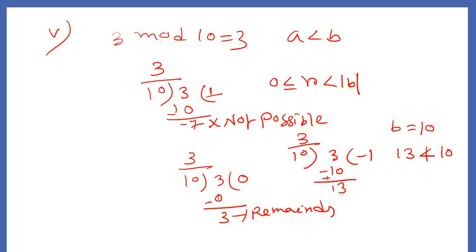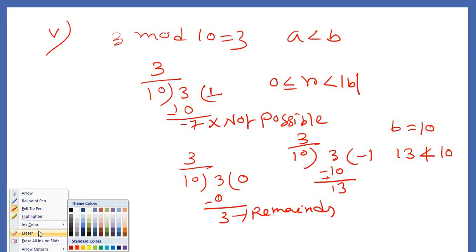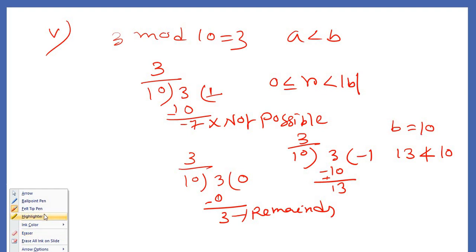So whenever the dividend is less than the divisor, that means a less than b, in that case you will do it like that. Okay, if you have any question, you can ask me in the comment section. I will clarify in the next video.